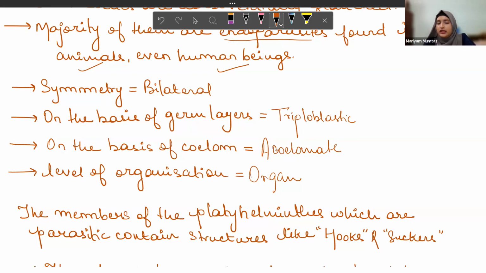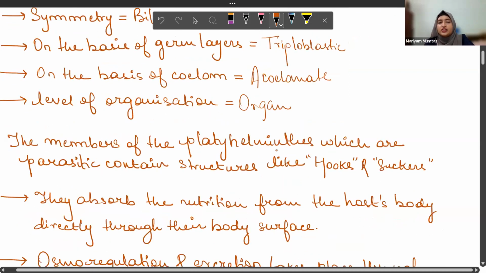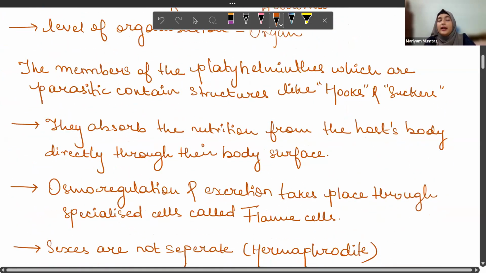Since their plan is to derive nutrition from the host, the host is doing all the hard work and it is just deriving the nutrition. So it does not have the perfect digestive system. Why? Because it is getting the digested product only from the host, right? Also, it has some morphological features or parasitic adaptations.